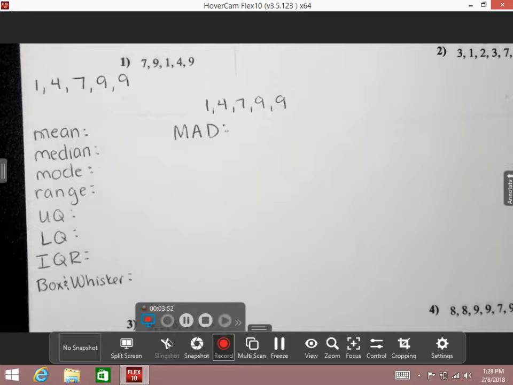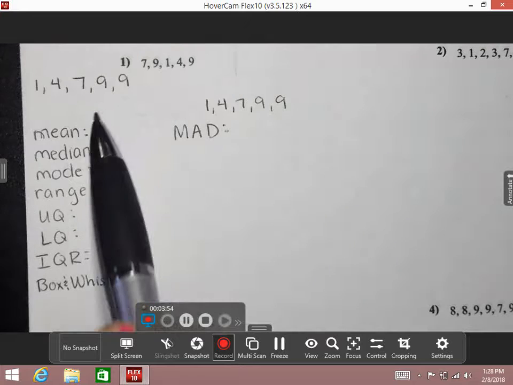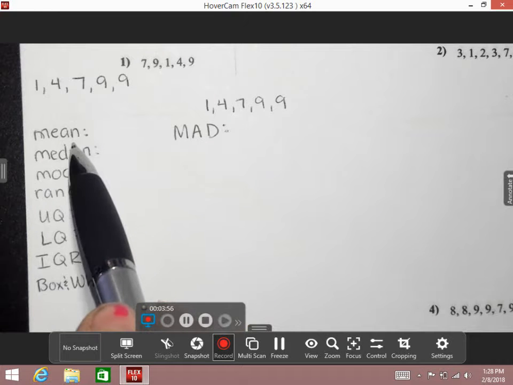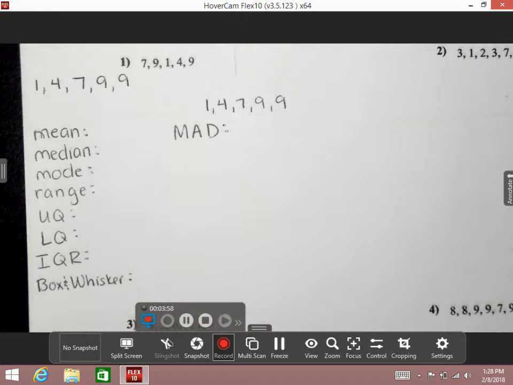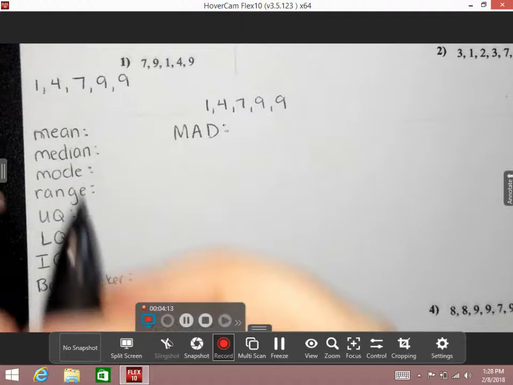All right. So let's just start at the top. It's been a while since we've done the mean. Raise your hand if you remember. What are the steps for finding my mean? Madison. Add all the numbers up and divide them on how many numbers there are. Add them all up and divide by the number of numbers, okay? So what do we get when we add them up? Someone type that in. What do you got? Amelia? 6.